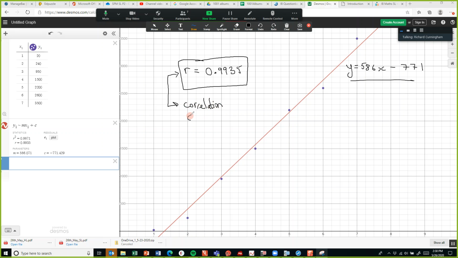Okay. And this represents our correlation. It's called the correlation coefficient. So just like the way we were talking about whether it's 1 or -1 or 0, it tells us how strongly related the data is. So this is very, very close to 1. So this is telling us that there's a very strong correlation here.